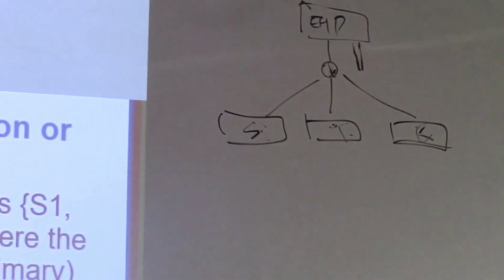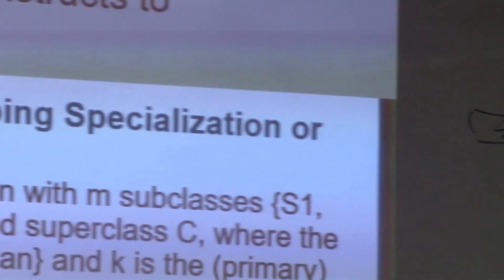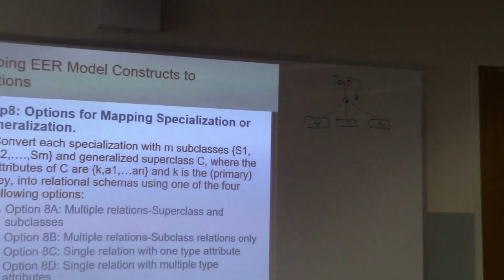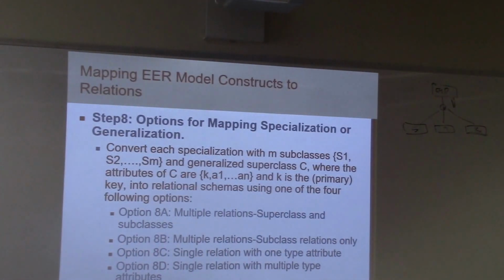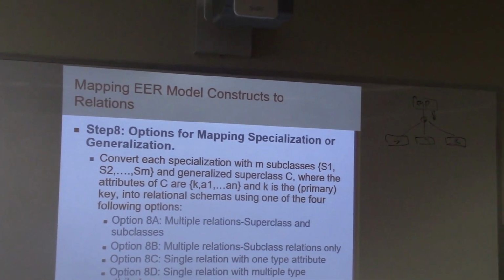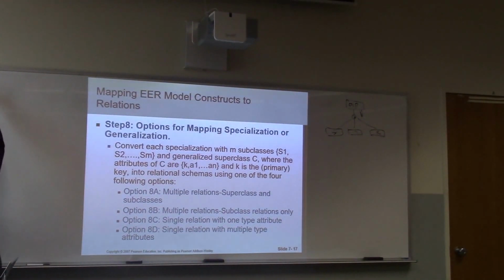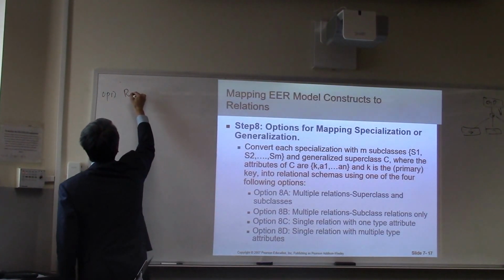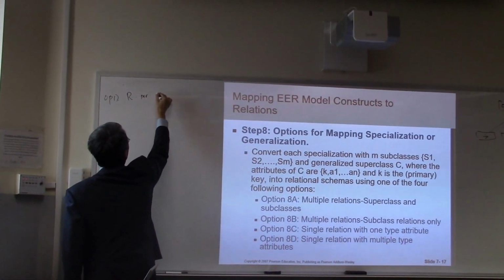Using this idea, there are 4 different options when you convert into the relational schema diagram. In other words, when you create a table, there are 4 different options. First option is option 1. One relation per entity.